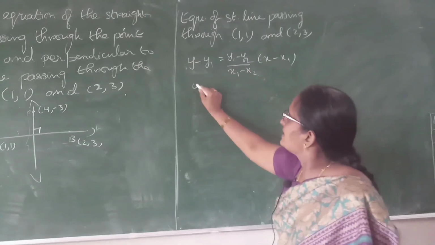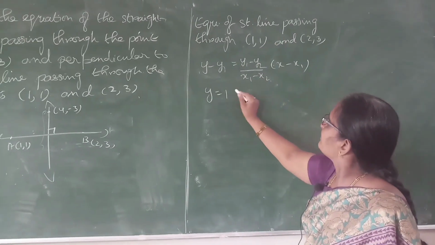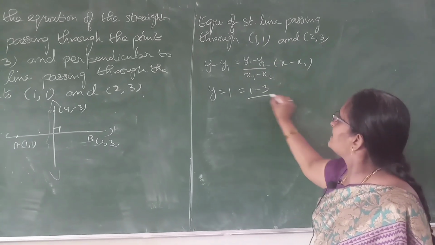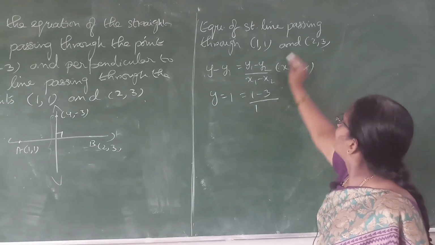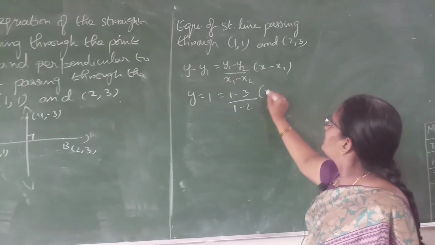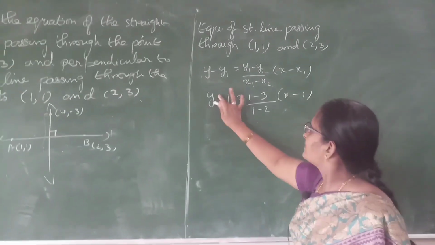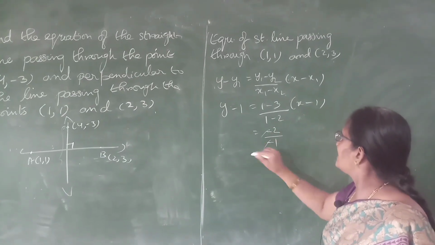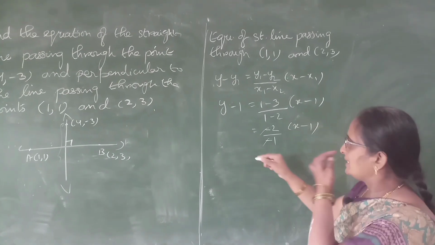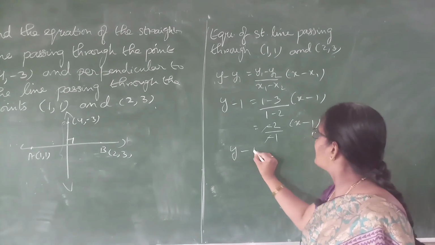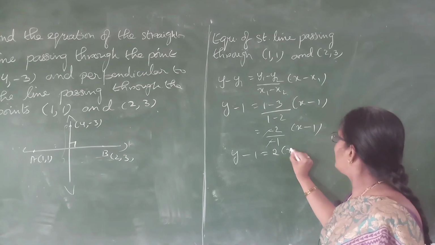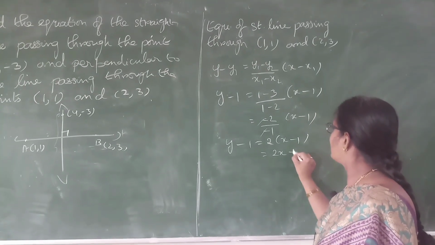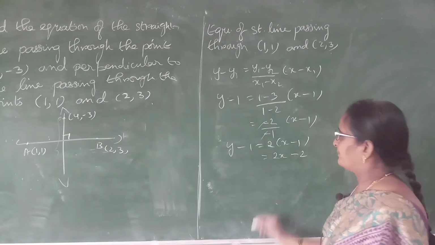So let us take here y1 is 1, y2 is 3, 1 minus 3, x1 is 1, x2 is 2, into x minus 1. So here we will get minus 2 by minus 1, minus minus gets cancelled. So y minus 1 is equal to 2 into x minus 1, which is equal to 2x minus 2.